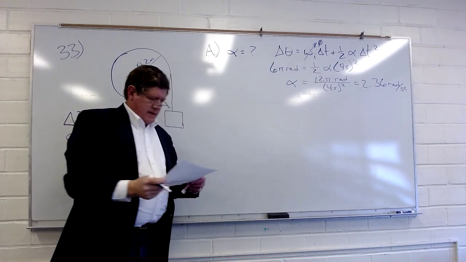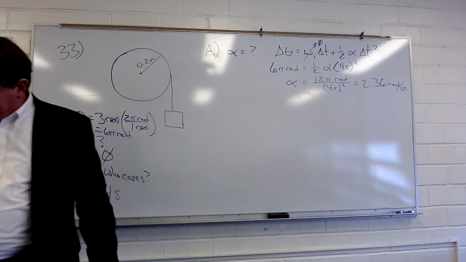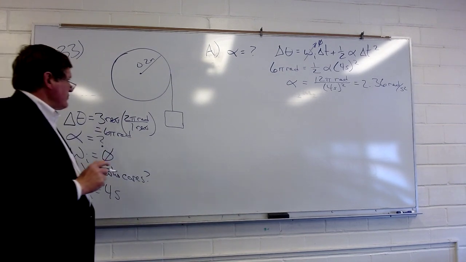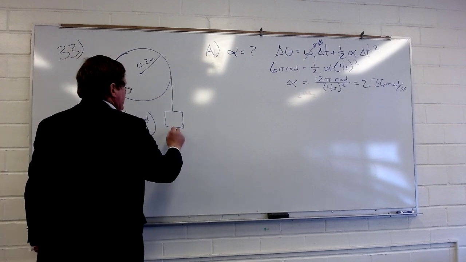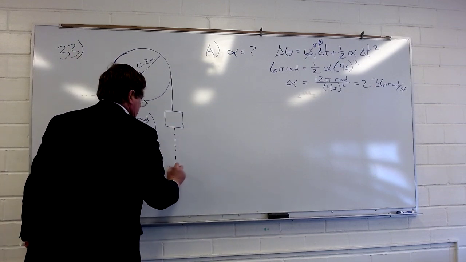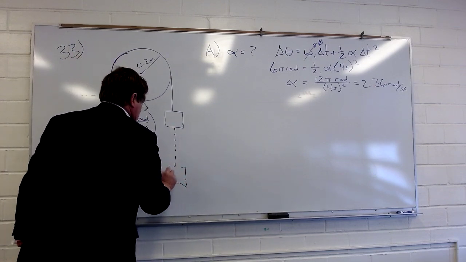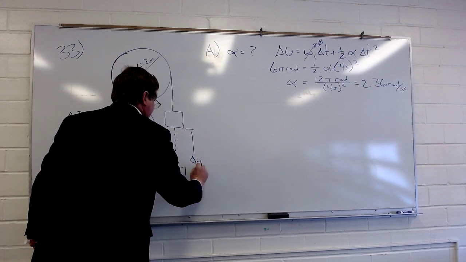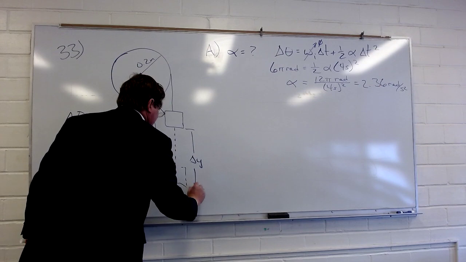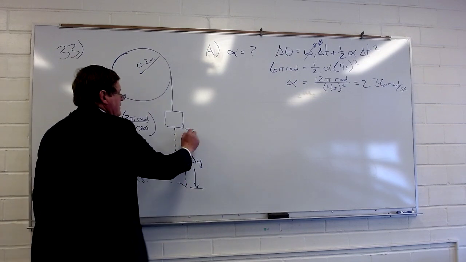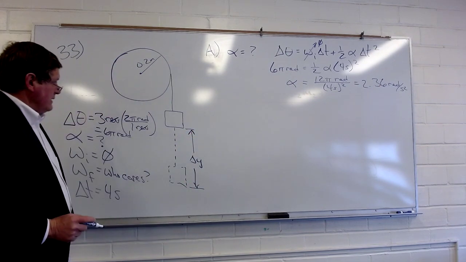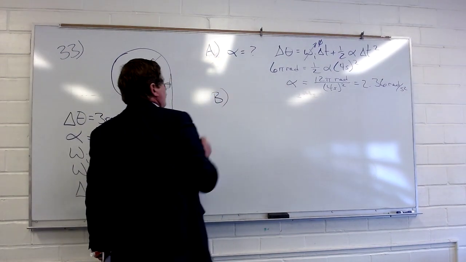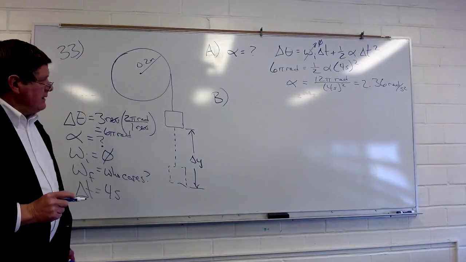Okay. Now, part B asks, how far does the block drop in this time, in the 4 seconds? In other words, how far has it dropped linearly? Now you remember that we have a rolling condition.